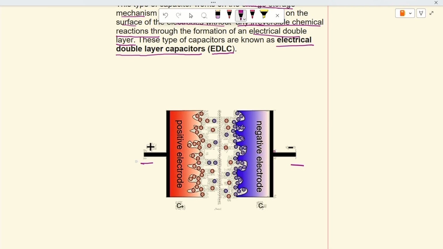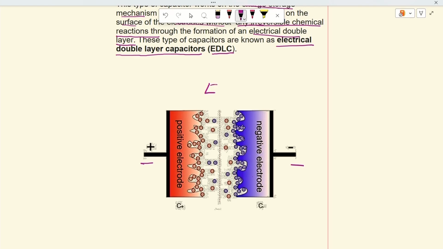While where we have given a negative polarity, that will be negatively charged and that attracts the positively charged towards itself. Okay. And we have an electrical double layer, that is, a positive electrode in contact with the negative ions forms an electrical double layer.